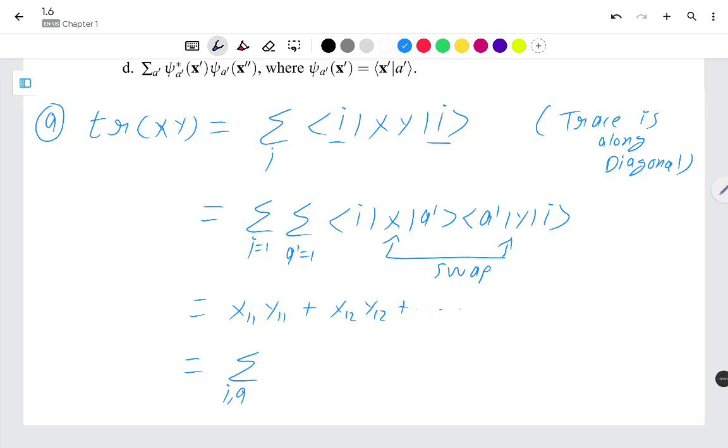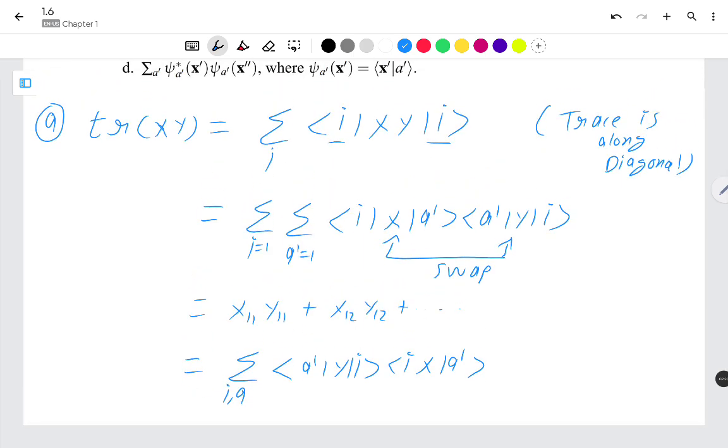And what will I get? I'm not writing different sums now. So what I will have is this a prime by x prime.